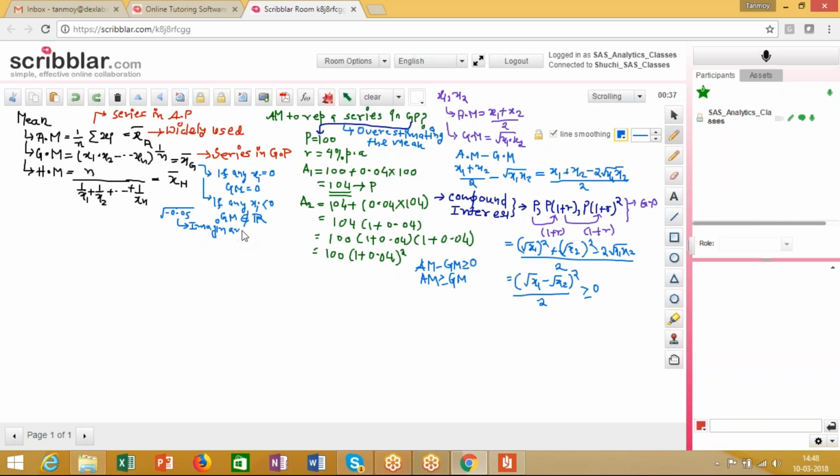It does not belong to the real line or to the real space. So this is what we call the real space, the real line. Clear?